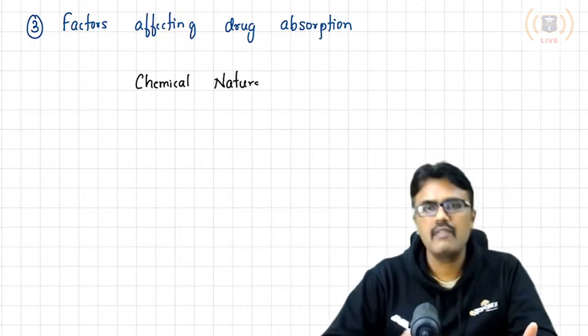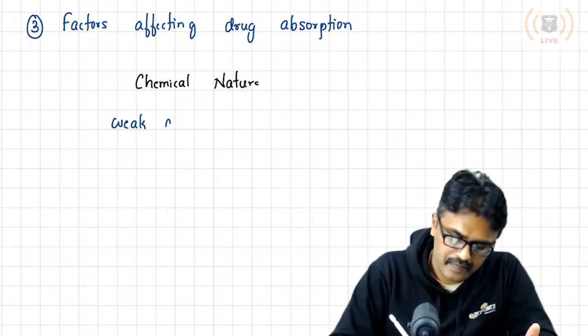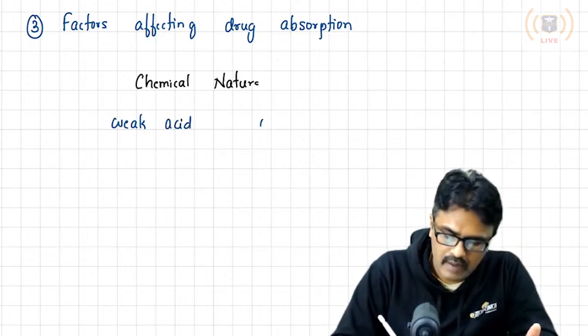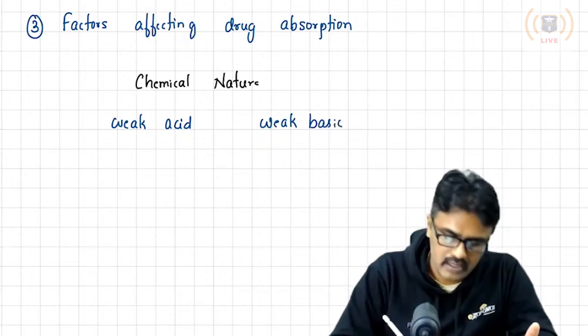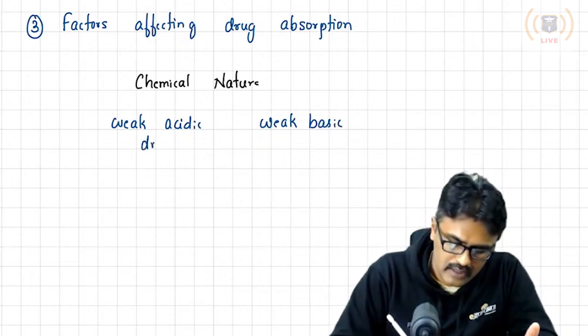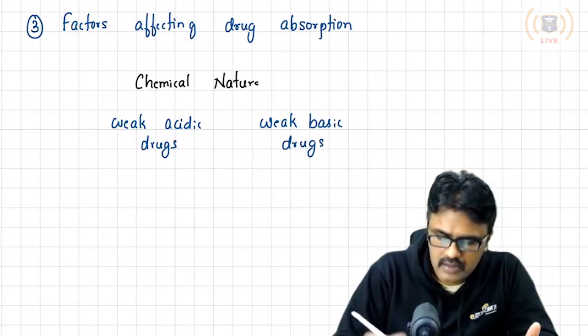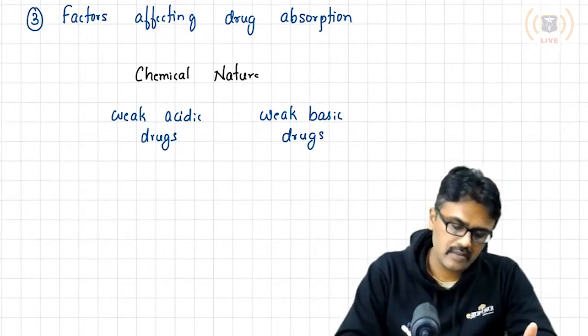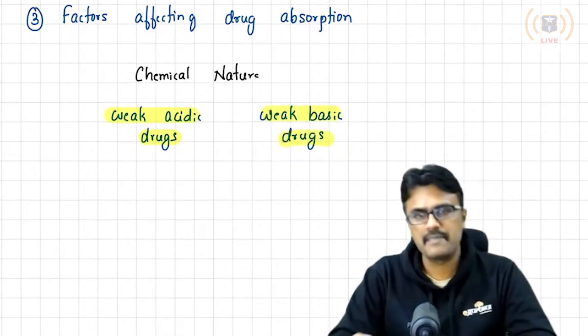Now, the drug will be available either as a weak acid or as a weak base. So it is a weakly basic drug or a weakly acidic drug, or they are available as neutral drugs. The majority are acidic drugs, but not strong acids, weakly acidic drugs, and weakly basic drugs.